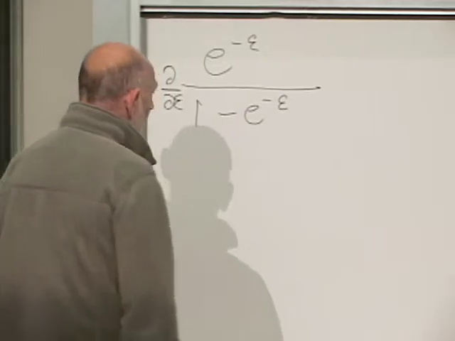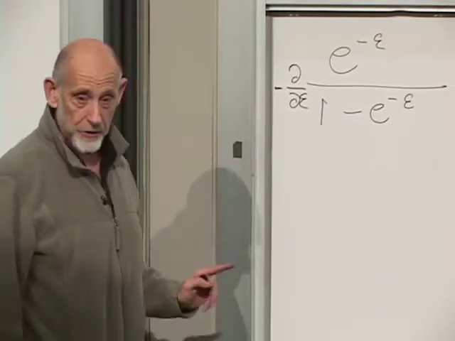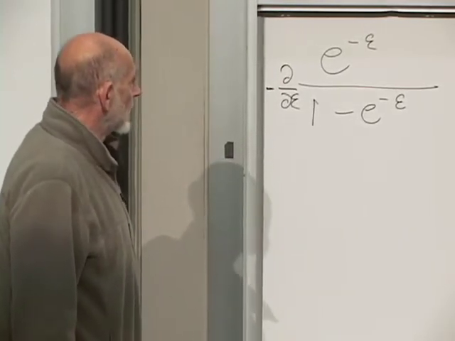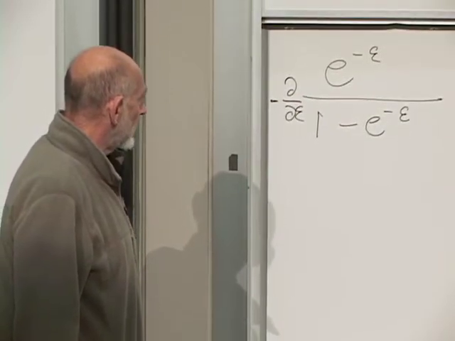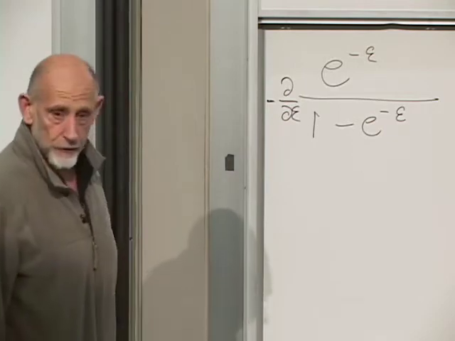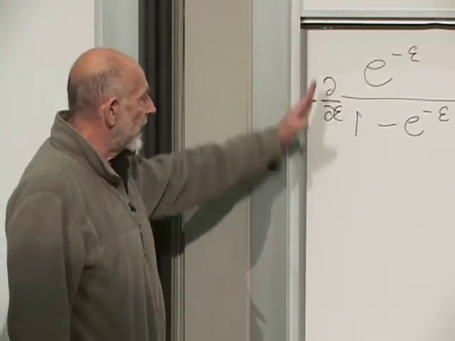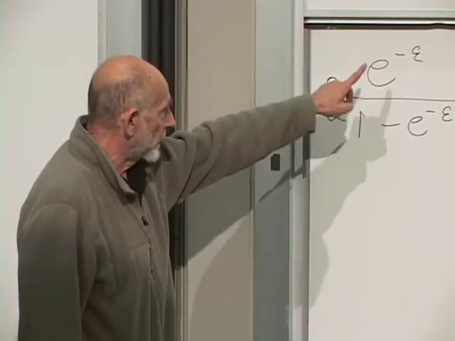In the end, we're interested in small epsilon. So let's expand it for small epsilon. Let's first expand it for small epsilon, and then do the operation, and let epsilon go to 0. We're interested in small epsilon.